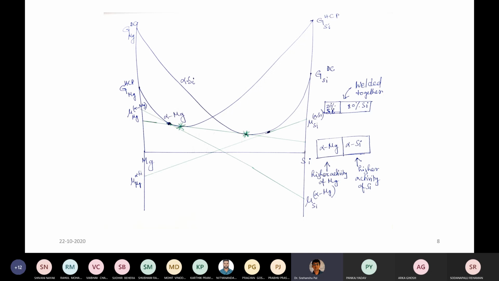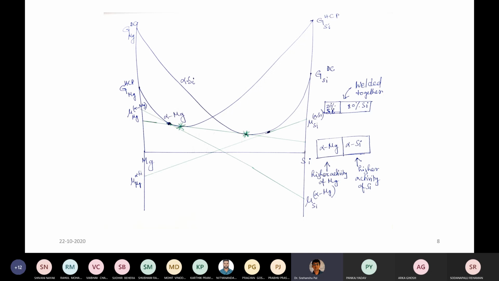The silicon will move to the alpha magnesium side, and magnesium will move from the silicon side. When this movement happens, the chemical potentials slowly decrease, and then we reach a scenario where there is a common tangent. If you see the green star, these two points, and you draw a tangent touching the minimum point of both phases, you get a common tangent.